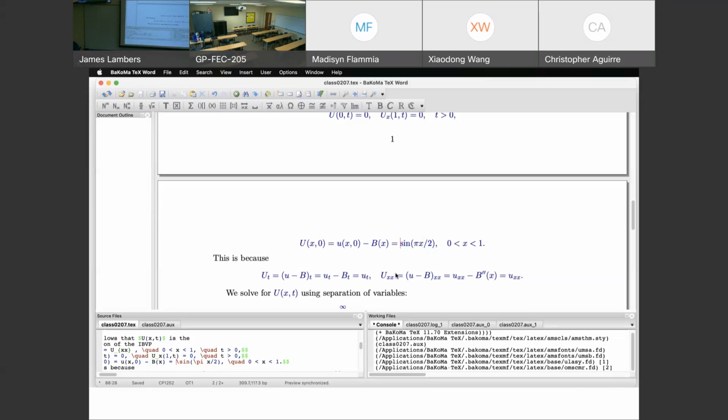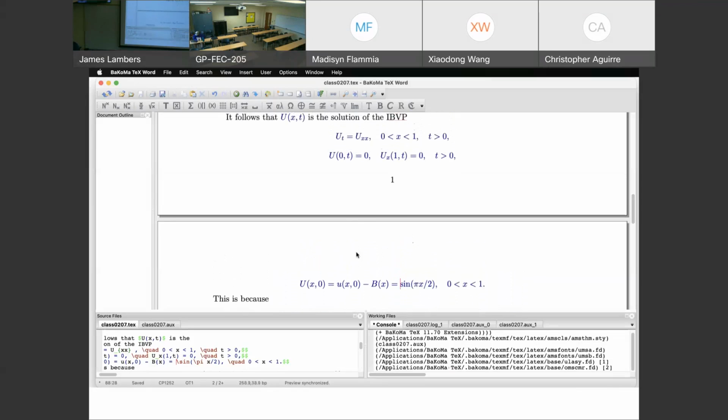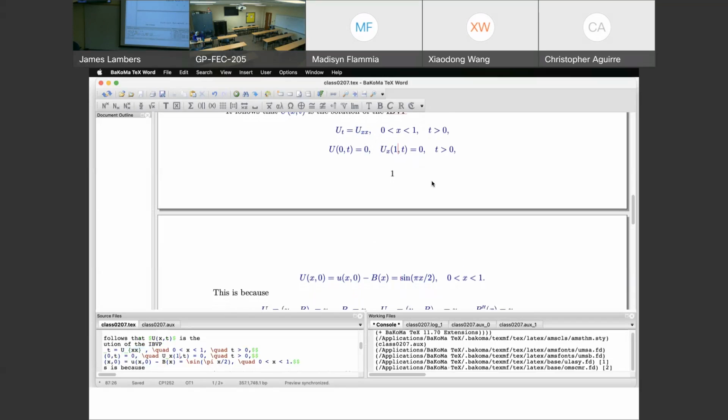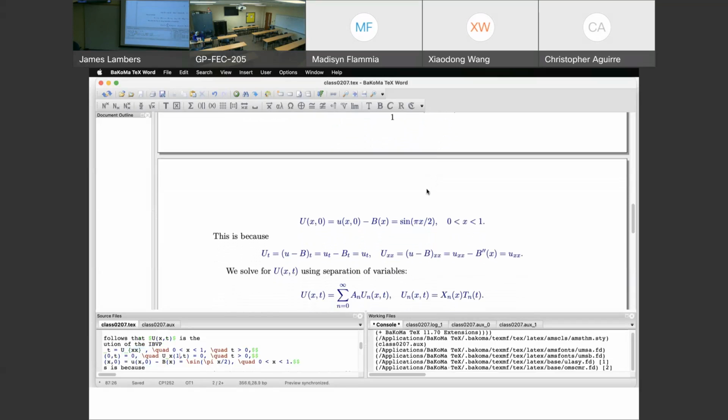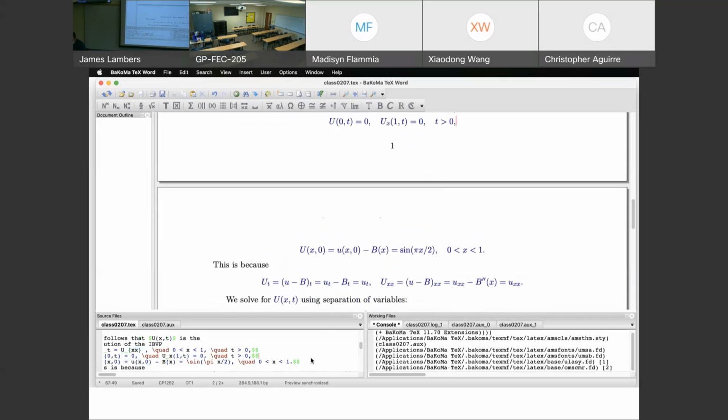But as we've seen from at least one other example, it can happen that if a boundary function depends on t, then you have minus the derivative of the boundary function with respect to t as an extra term over here. Let's make a note of this here.